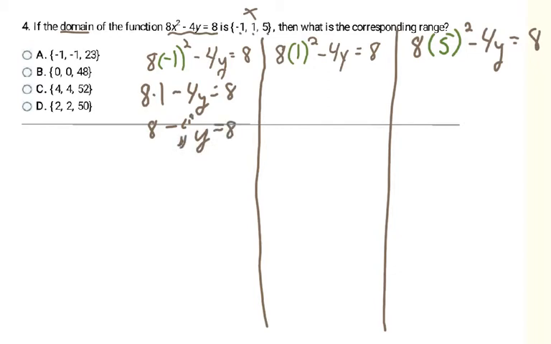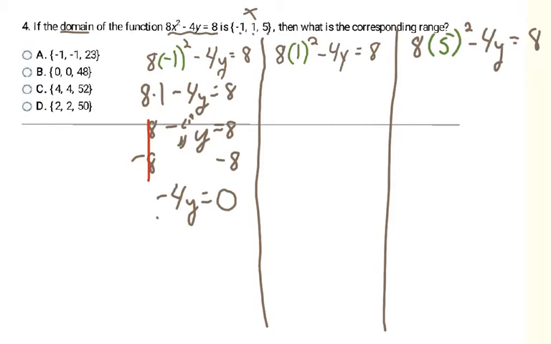And then I want to get this y by itself, so I'm going to subtract 8 from both sides. These 8's cancel, and I'm just left with the minus 4y. And here, these 8's cancel also, but I can't just leave it blank, so I'm going to write a 0.